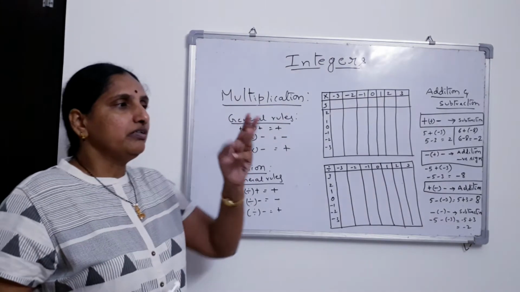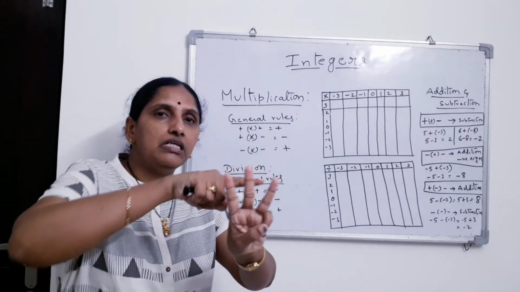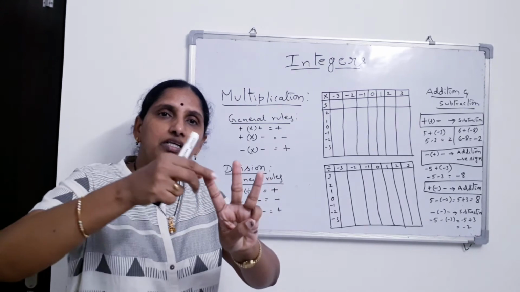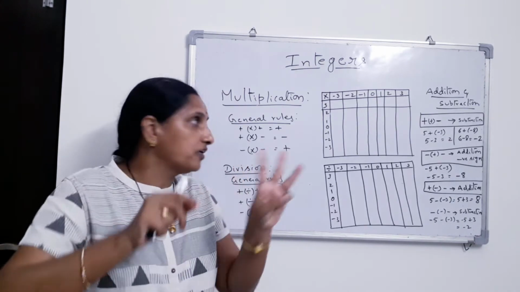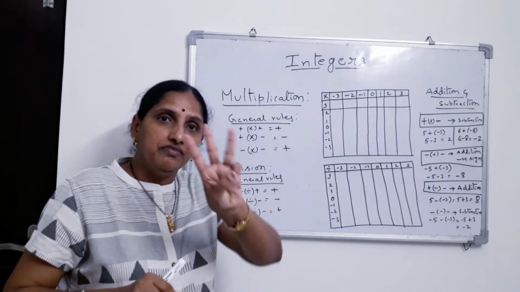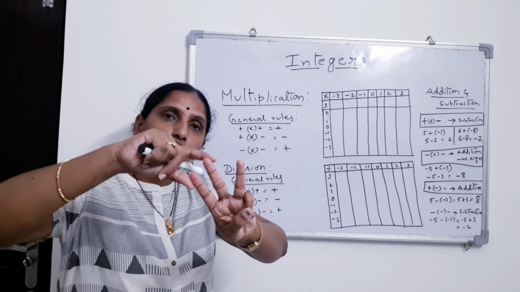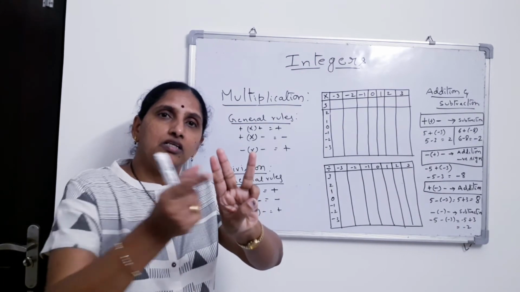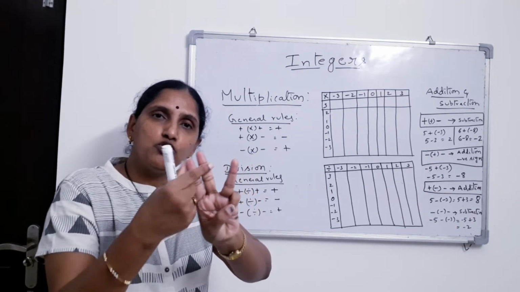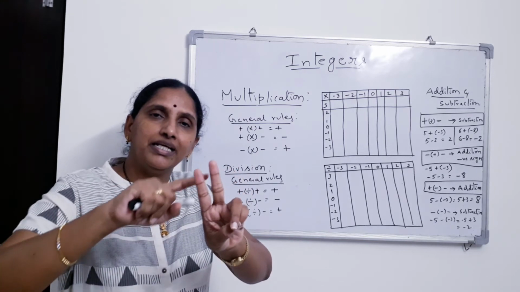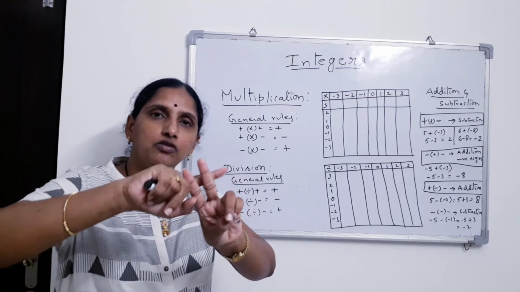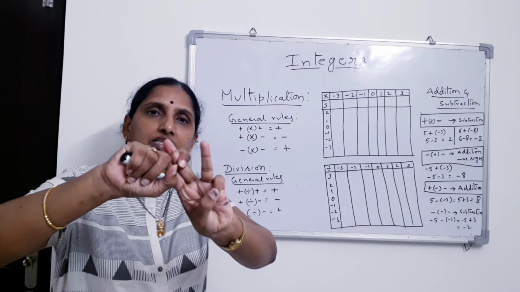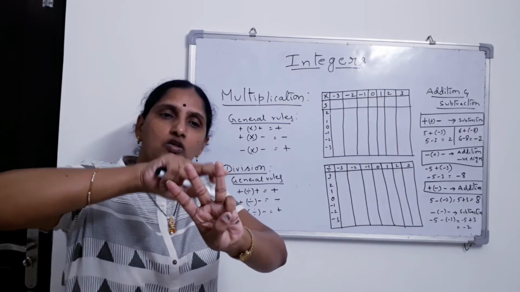Okay, so now as I asked, when three numbers are there and one is negative, you are going to get negative. If three numbers are multiplied and two are negative, first multiply these two. Two numbers negative, so the result is positive. You got one positive, and the third one, whichever is left, is also positive.